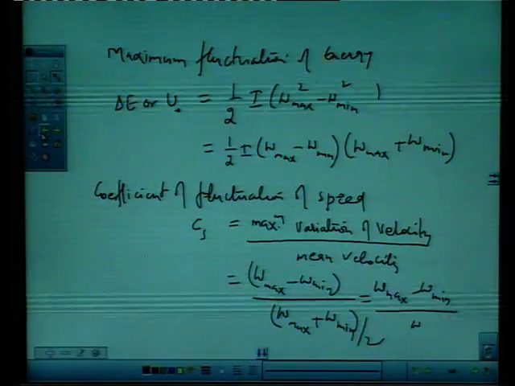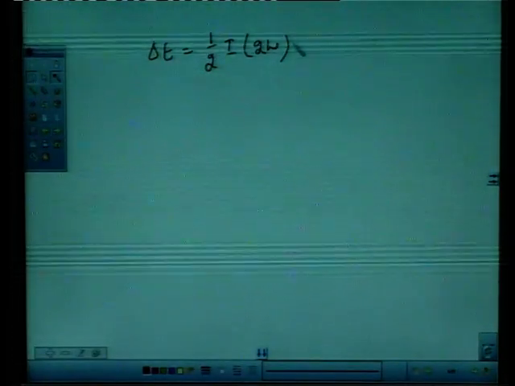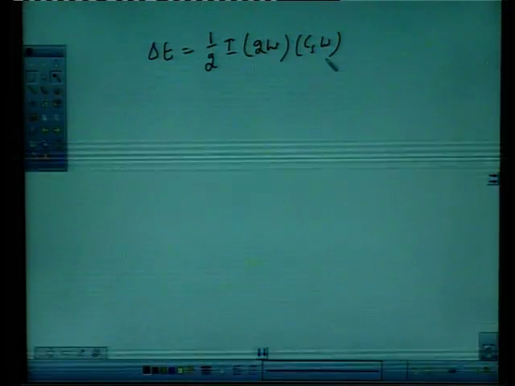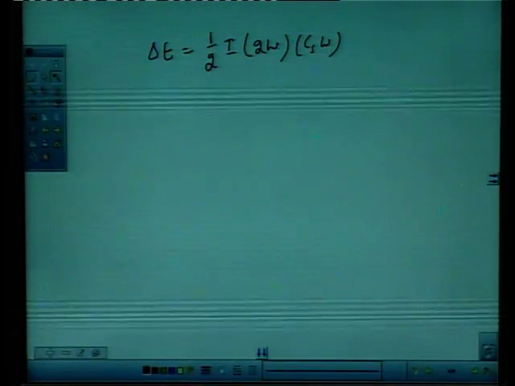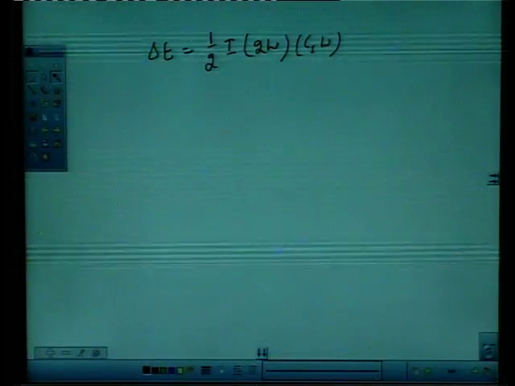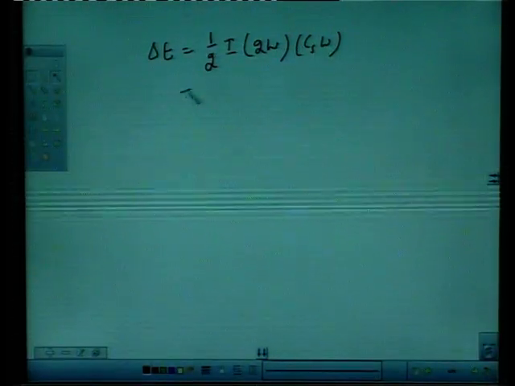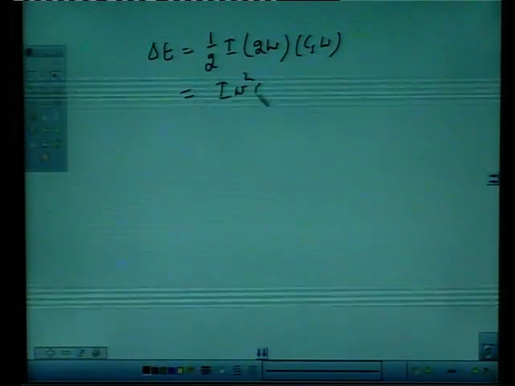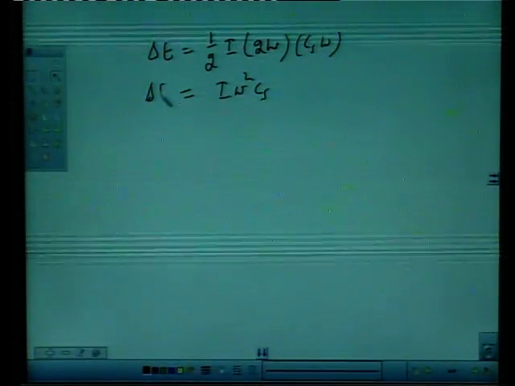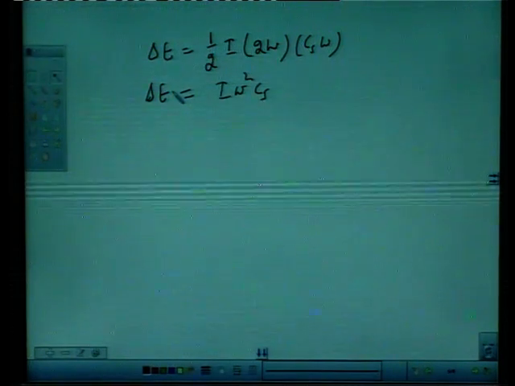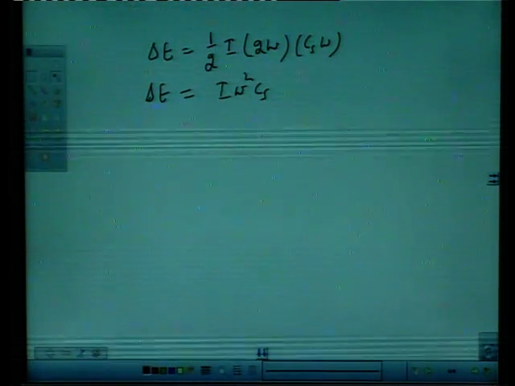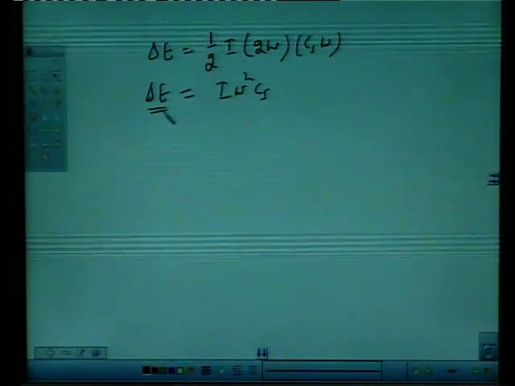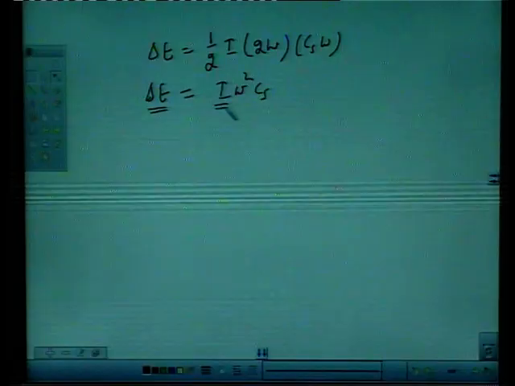So, we can write this as I omega square into Cs. So, this is called maximum fluctuation of energy. On the basis of maximum fluctuation of energy, we can determine the moment of inertia.